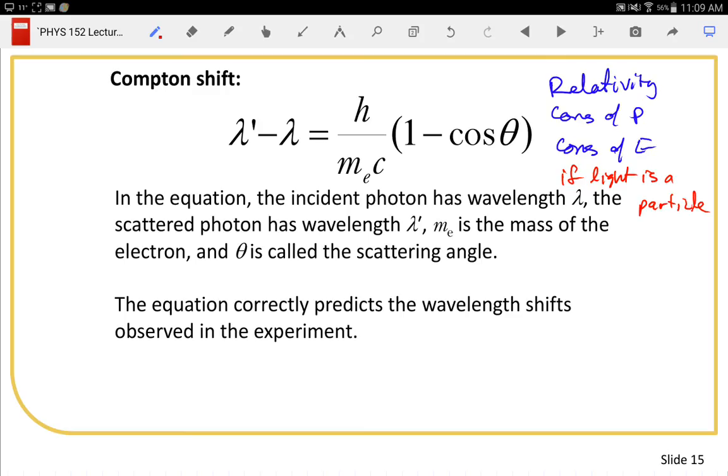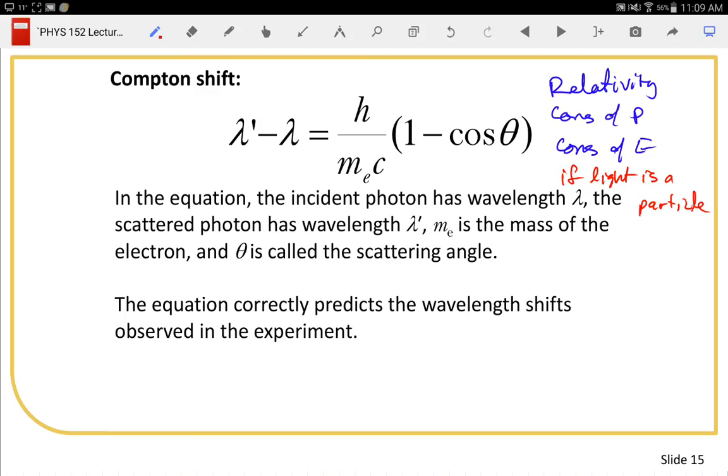Compton does his experiment and finds a result that seems bizarre when analyzed with wave theory. So he says, well, let's look and see what particle theory would predict should happen here. And then he looks at the prediction and compares it to his experimental data.